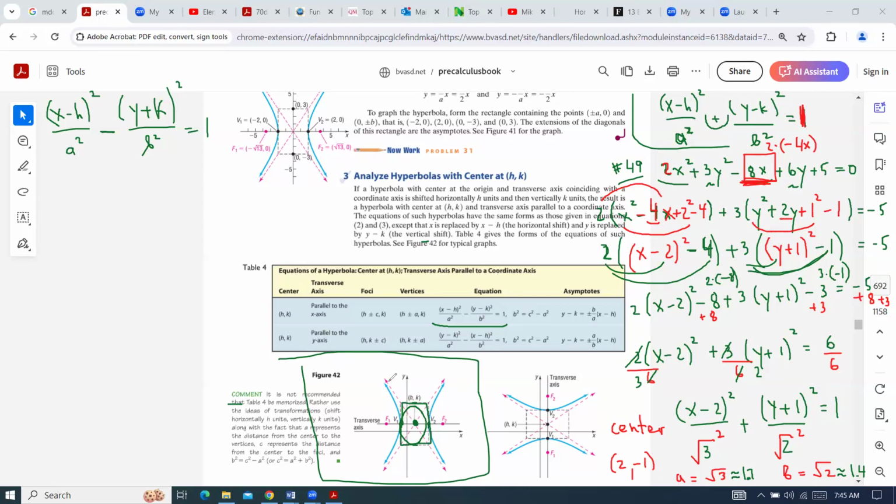And then the diagonals of this box will be so-called asymptotes for the hyperbola. In fact, you already learned once how to graph the hyperbola 1 over x. Do you remember this kind of curve? It has two asymptotes and it approaches the x-axis and the y-axis somehow like that.